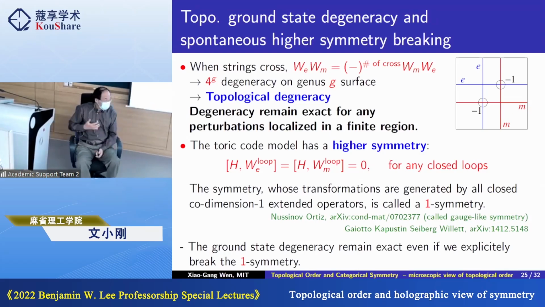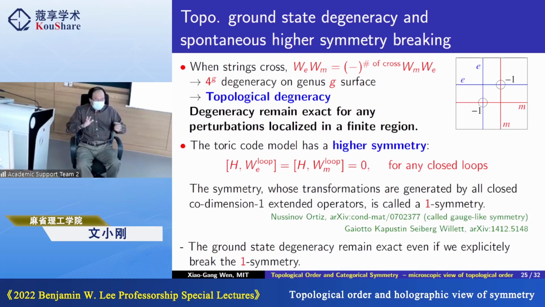But here I want to emphasize that although the topological model has this one symmetry, and we can explain the degeneracy using this algebra of one symmetry, the trouble is that even after we break this one symmetry, the topology is still there.